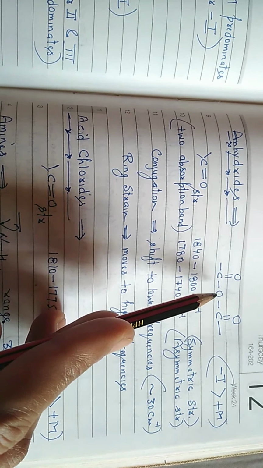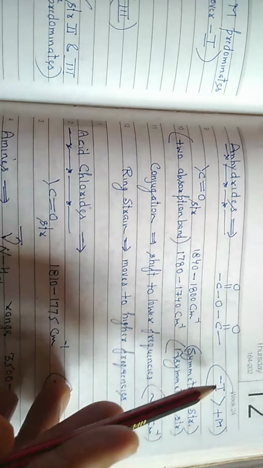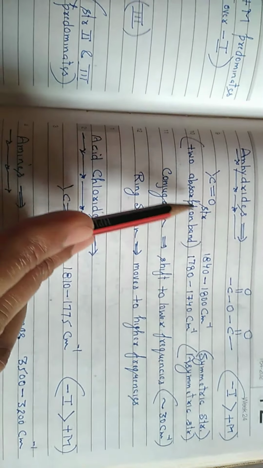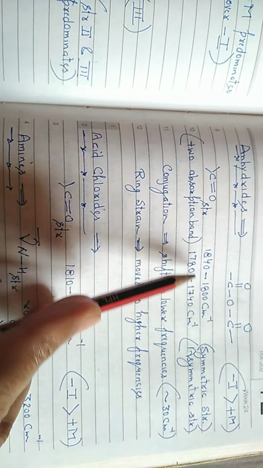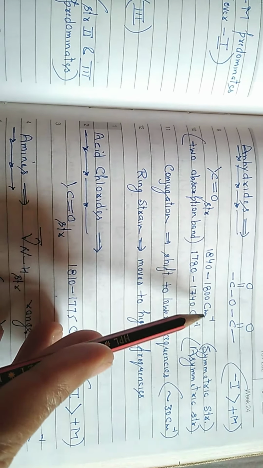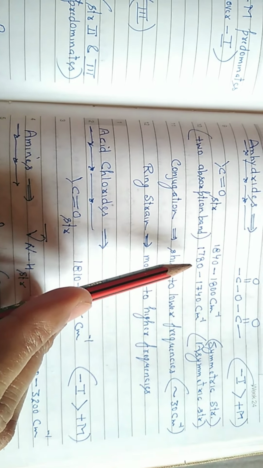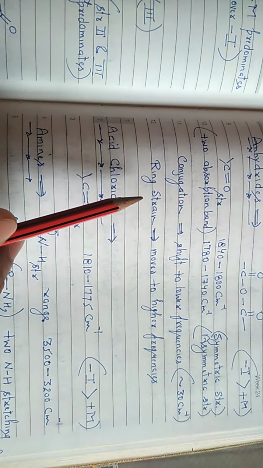The electronegativity of the oxygen atom. Here also the minus I effect predominates over the plus M effect, and here we obtain two absorption bands: 1814 to 1800 centimeter inverse because of symmetric stretching, and 1780 to 1740 centimeter inverse due to asymmetric stretching.